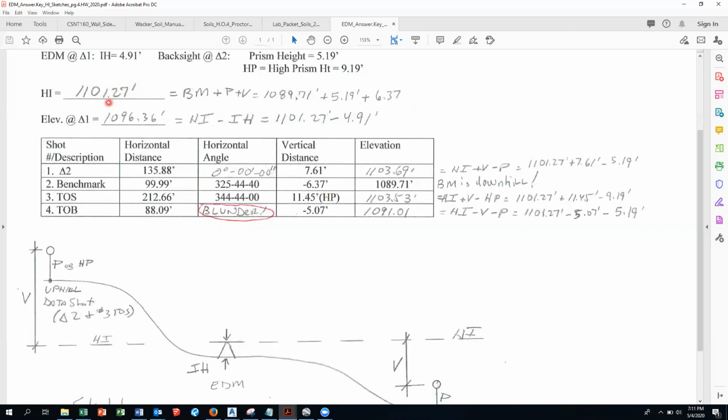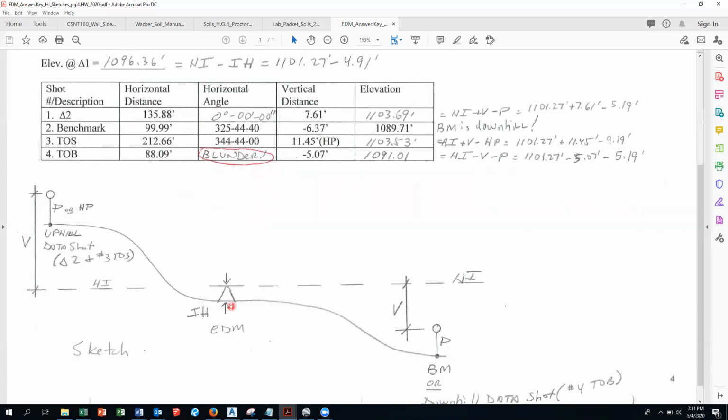Now then I'm going to ask you, what's the elevation at delta 1? Because that's where the instrument is. And that's known as the IH, the instrument height. This is not a great sketch right here, but the line is from the center pivot point to the top of the control point. That's IH, instrument height. Sometimes you will work for surveyors who interchange HI with IH. You just got to get used to their use of the terms.